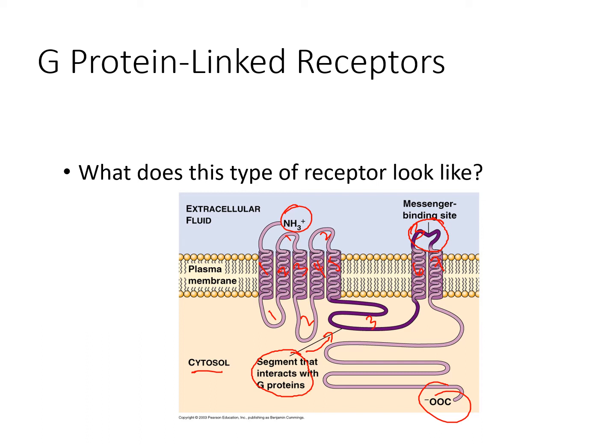This means that the ligand will come and bind to this receptor, which will cause a series of activations. The change in the 3D configuration of this receptor will cause the G protein to dissociate and be activated.